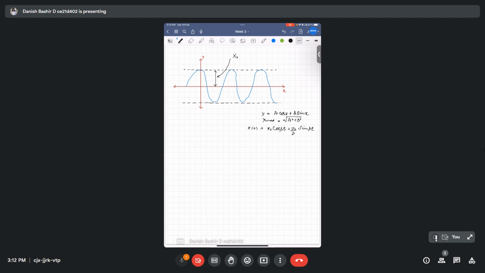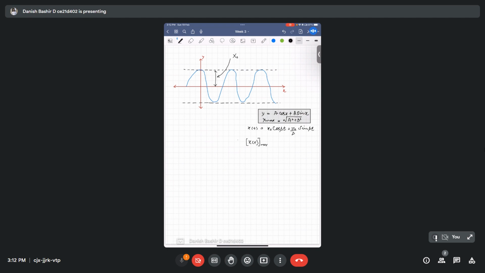So we can write here similarly x of t max.